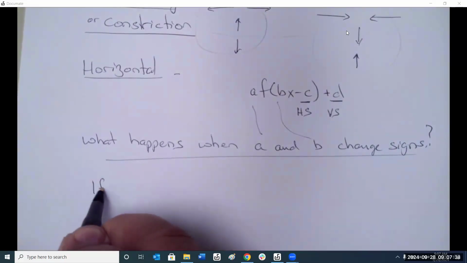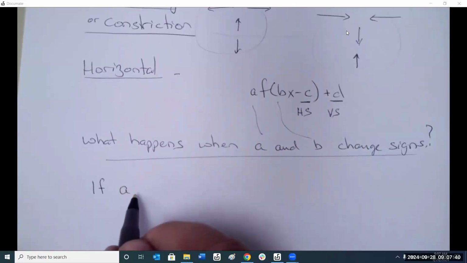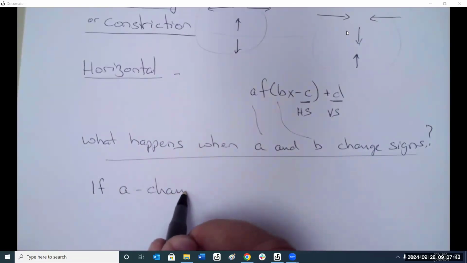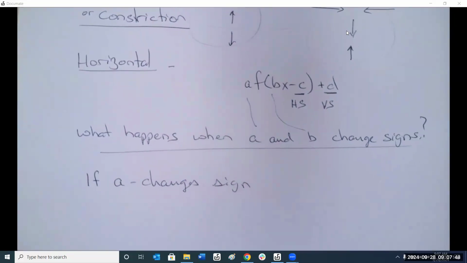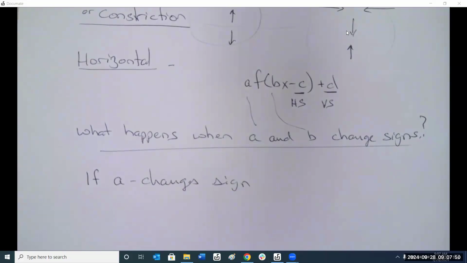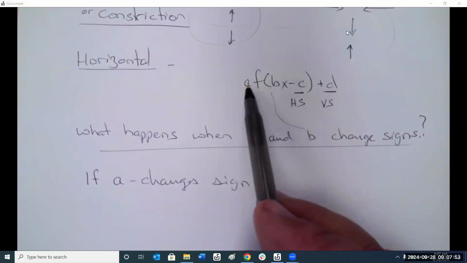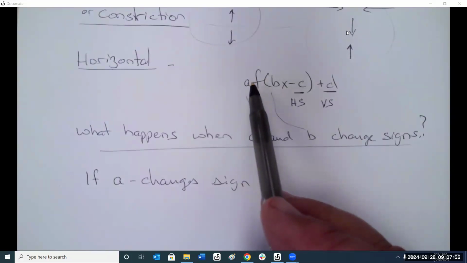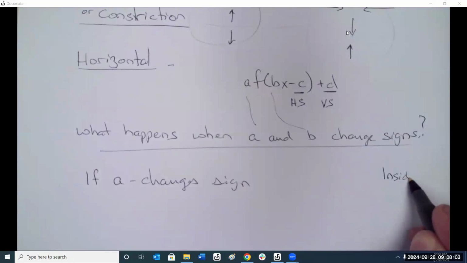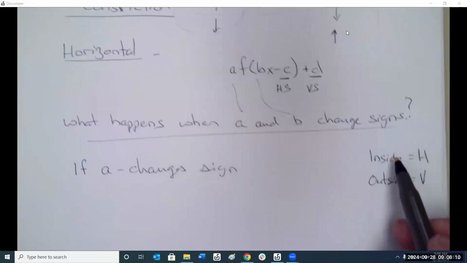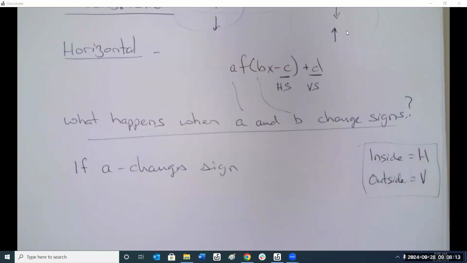In other words, A and B change signs. So if A changes sign, again, it's outside the function. So what happens? What direction does that one go? Horizontally or vertically? Right. Very good. Any changes inside are horizontal, any changes outside are vertical.